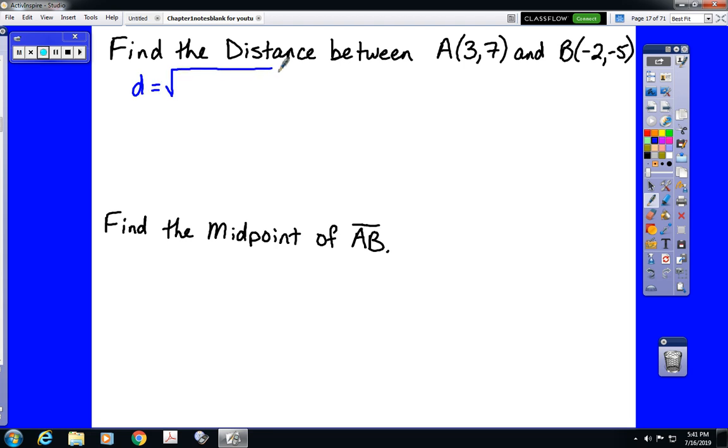The distance formula is on the I-Step 10 reference sheet. It is also, I believe, on the reference sheet for the SAT, ACT, the one that's given on the actual test. And it is the square root of the quantity x2 minus x1 squared plus y2 minus y1 squared.